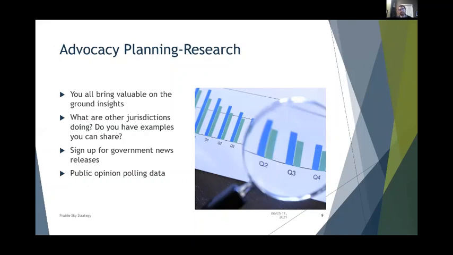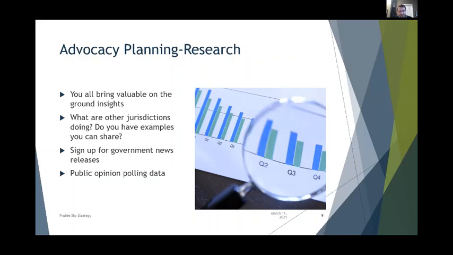It doesn't have to be complex. It could be done through SurveyMonkey, depending on the scale, or in partnership with professional organizations who do this day-to-day. Depending on the size and scale of the issue, research and polling data can go a long way.